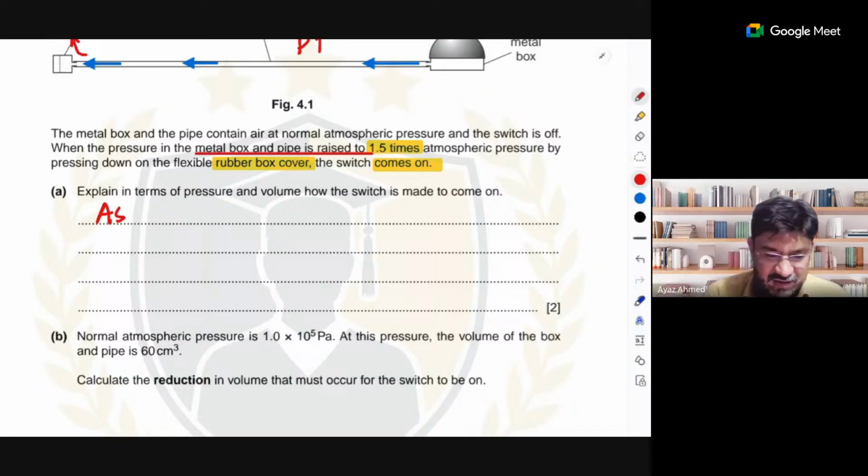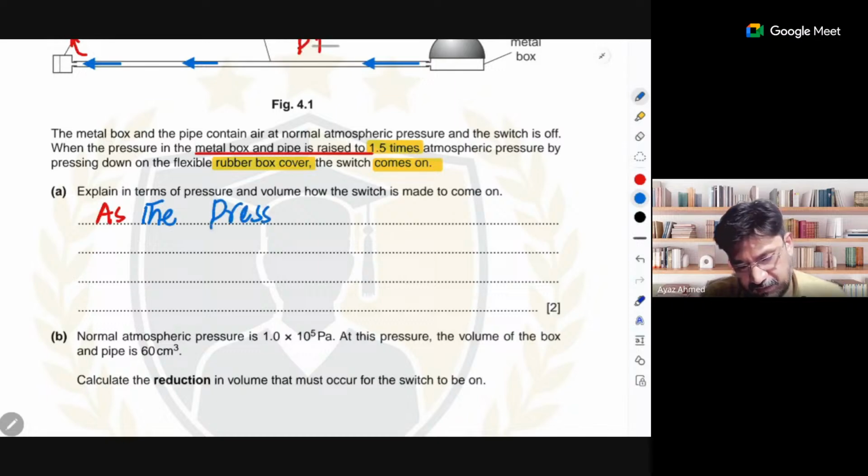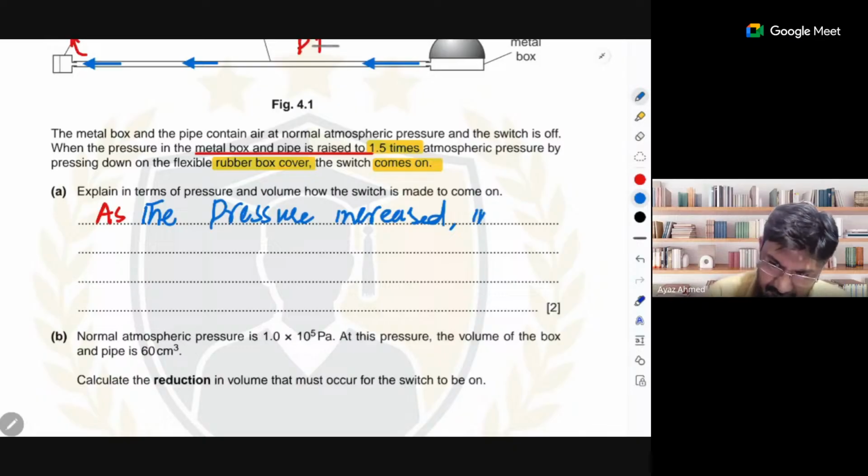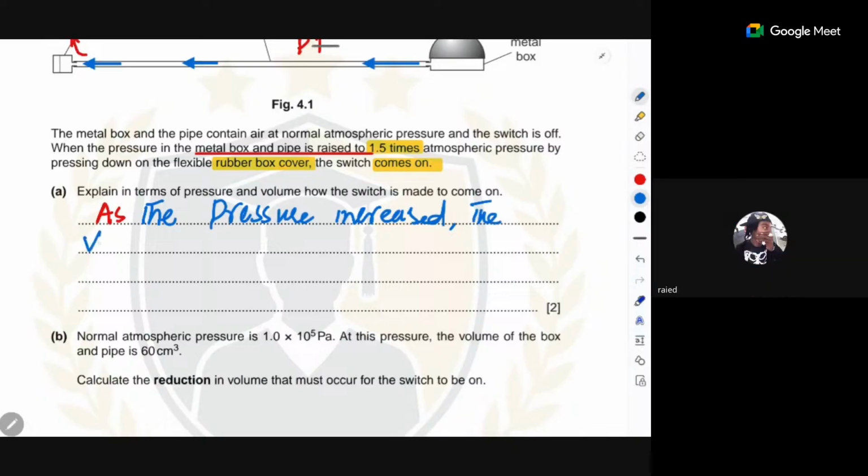Yes. Let me explain the answer. As the pressure increased, then what happened? The volume of the air is compressed.